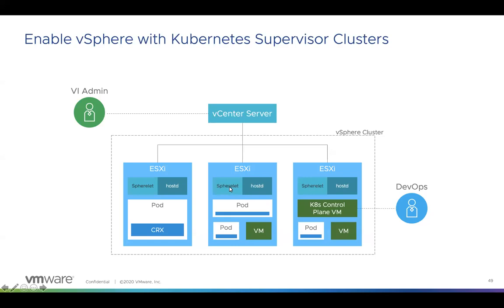This Spherelet helps us communicate with vCenter Server, and any action or invocation you do from vSphere will be invoked by the Spherelet, and you can see that reflecting over here. Earlier for VMs, we had a similar mechanism called hostd. Now for containers, we introduce this customized version of Kubernetes called the Spherelet.